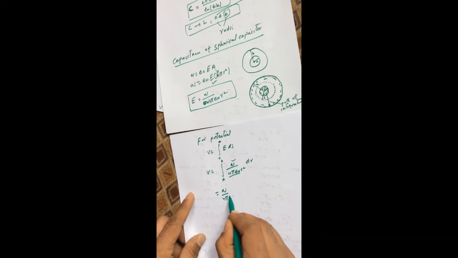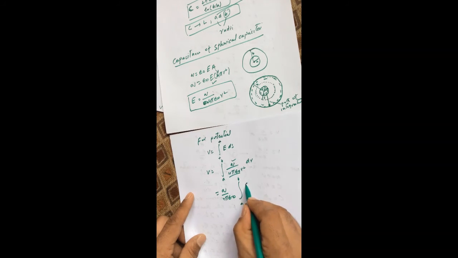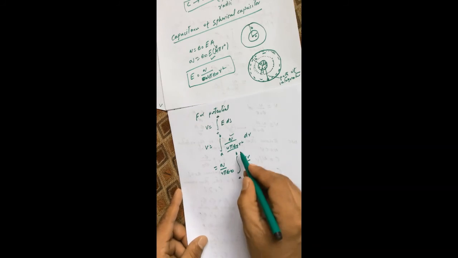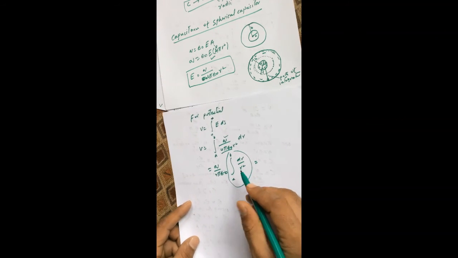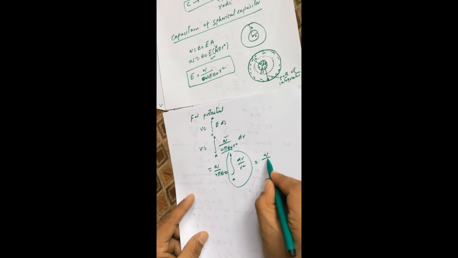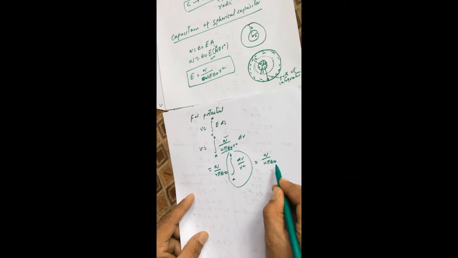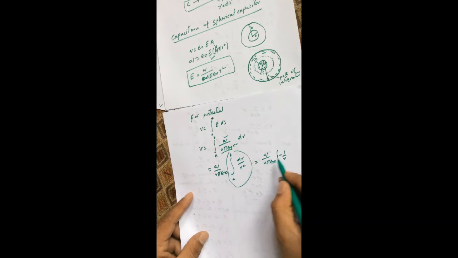So we have Q over 4 pi epsilon naught, and the integral is from A to B, dr over r square. If I solve this integral, we get Q over 4 pi epsilon naught, we have minus 1 over r, and the limits are from A to B.